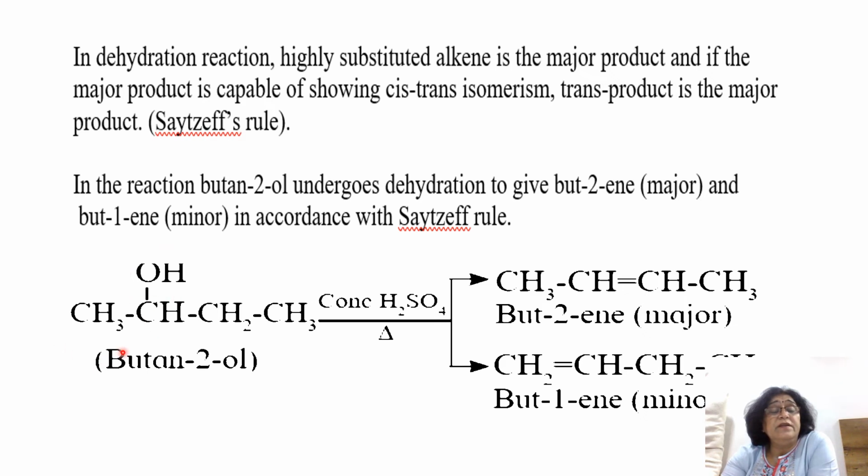Now which beta carbon should release H? If the first beta carbon releases H, then the product is but-1-ene. But if the second one releases H, then the product is but-2-ene. So but-2-ene is the more stable product according to Saytzeff's rule. Clear?